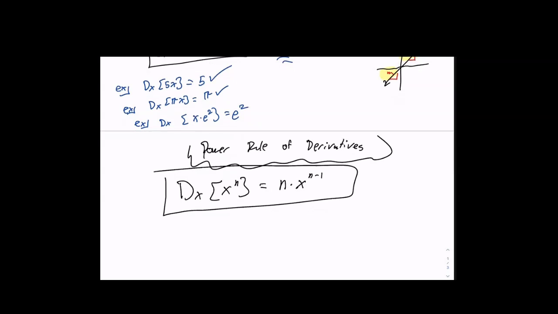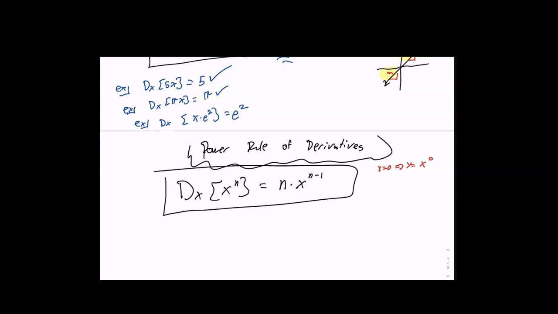Now, if we're dealing with a constant, it should be realized that a constant is the same thing as y equals 0 times x to the 0.